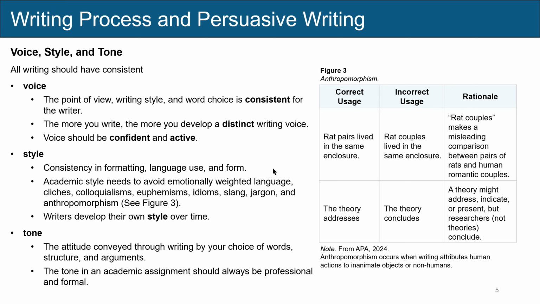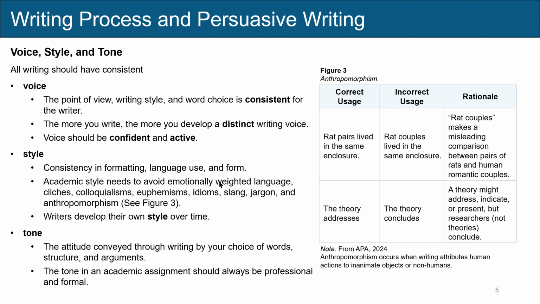Again, recall from Module 2, you need to avoid any writing that does not mean what it literally says. So things like cliches, colloquialisms, euphemisms, idioms, slang, jargon, personification, and anthropomorphism, where we treat things that aren't human as if they were human.